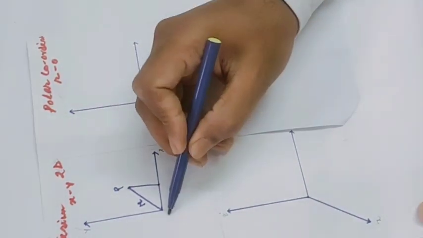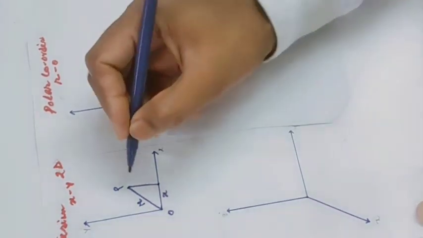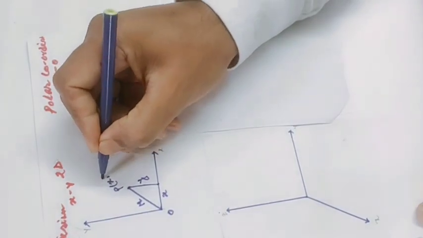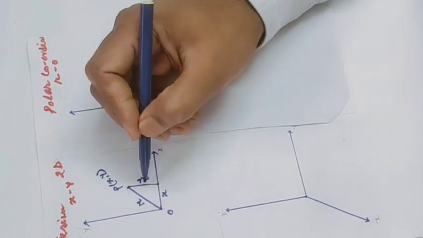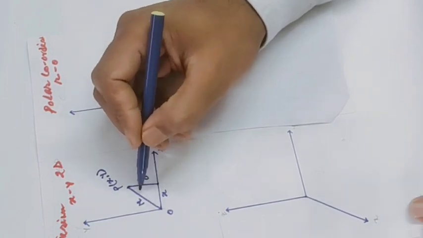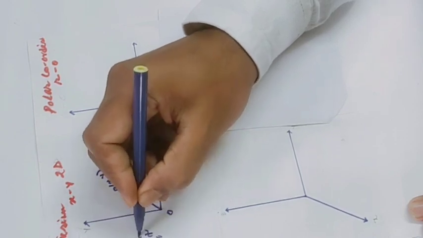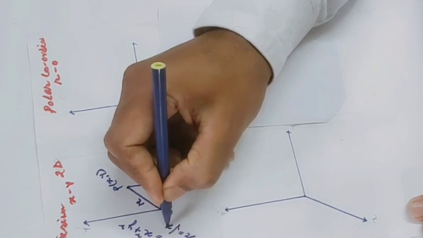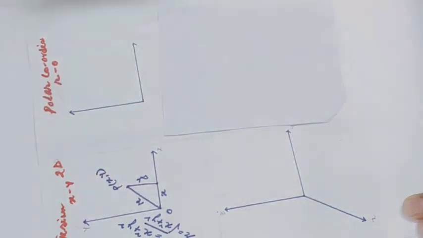This is the point P, and from the origin it is at a distance r. Along the x-axis this will be your x coordinate, this will be your y coordinate, and that's why we write P(x, y). This is a rectangular Cartesian coordinate system, the axes are perpendicular. So using the Pythagoras theorem, I can write r squared equals x squared plus y squared, or r equals root over x squared plus y squared.